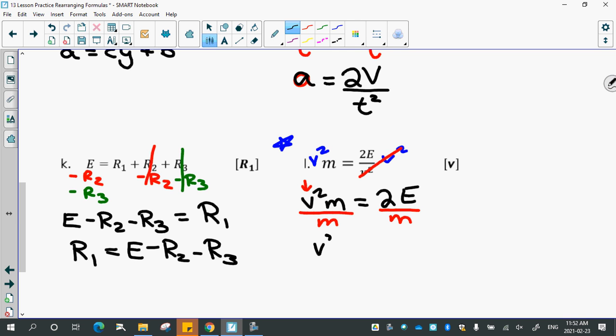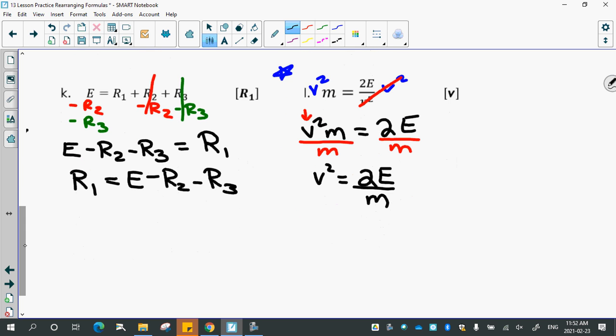So v squared is 2 times e, whatever that is, over m. But I don't want v squared, I want v, so square root. And then make sure on the right side you use the really big square root.